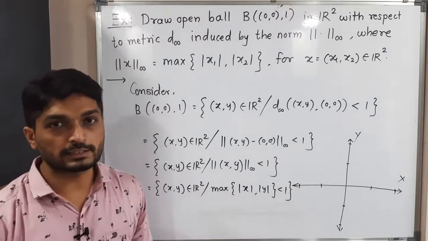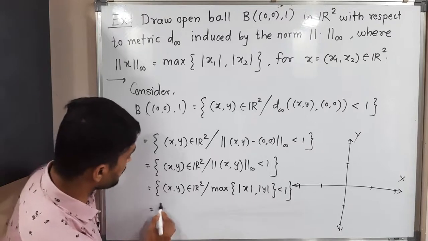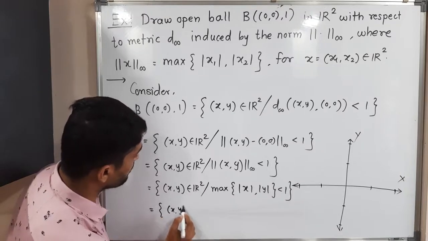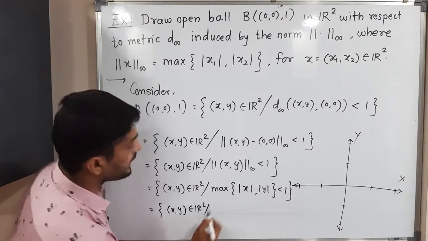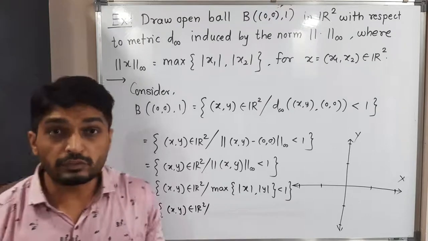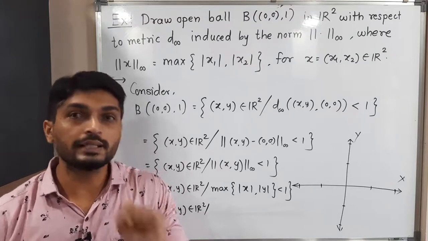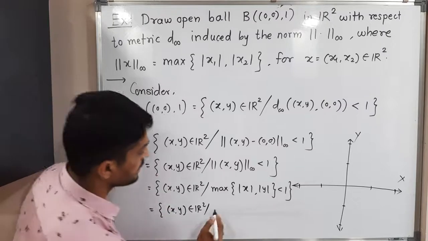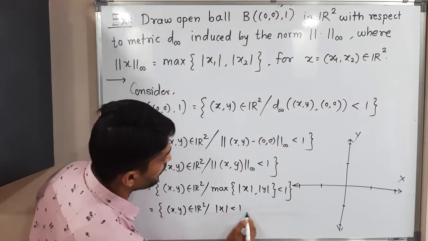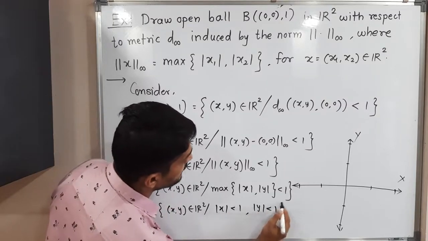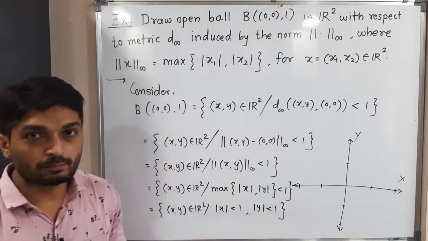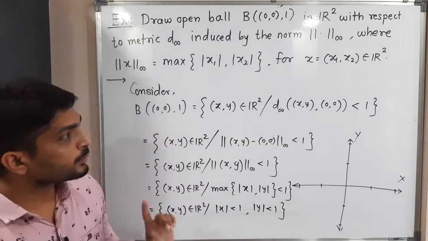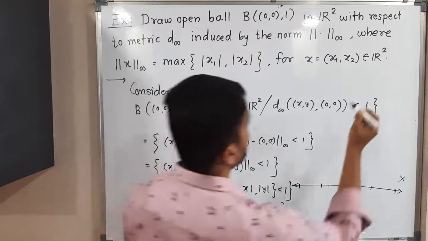That will be definitely less than 1. Let us see what will happen. The maximum is less than 1, that means definitely both of them will be less than 1. This is common sense. So mod x is less than 1 and mod y is also less than 1, since the maximum is less than 1.